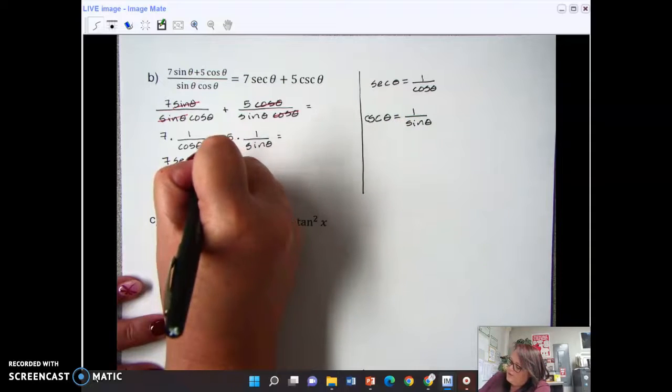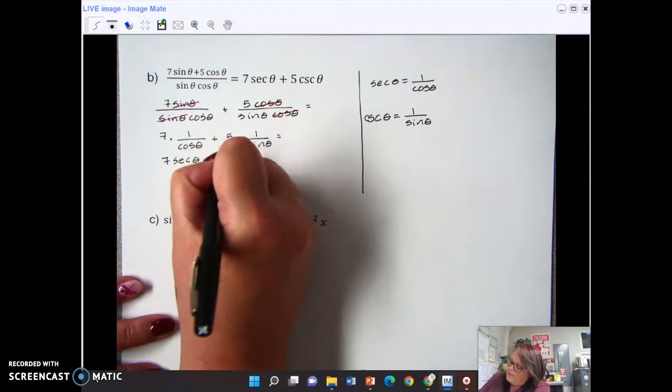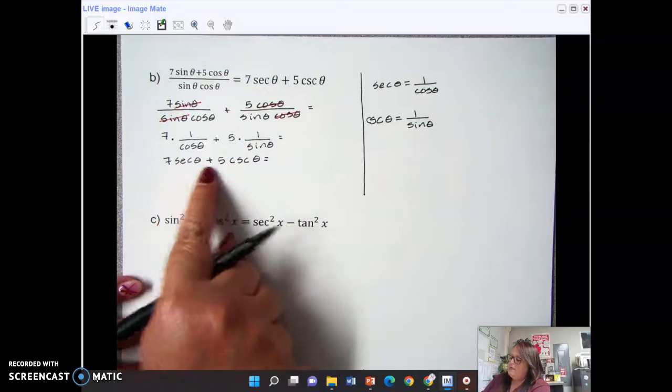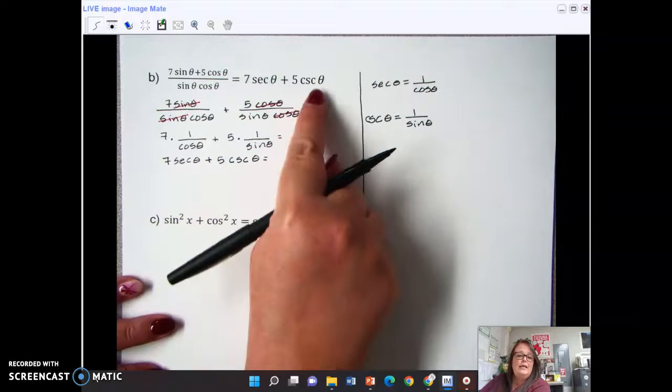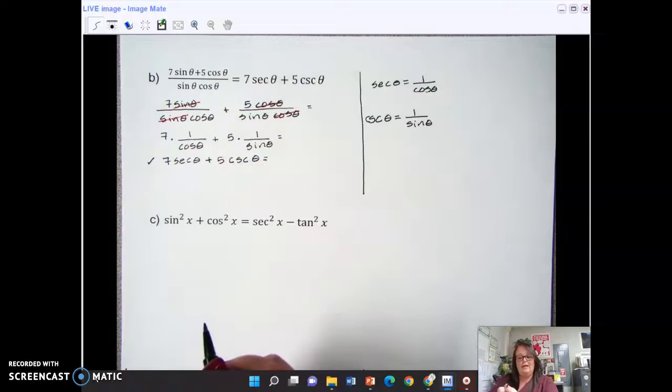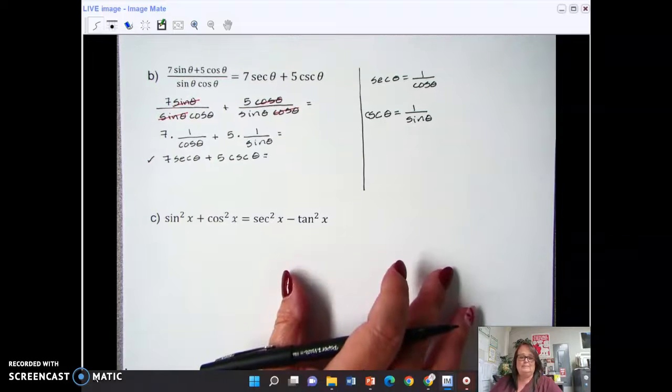So wherever I see 1 over sine of theta, I can replace that with cosecant of theta. And then you'll notice my left-hand side now looks like what my right-hand side looked like. So we picked a side, we simplified it, and we got it to look like the other side. So we can now say that that is an identity.